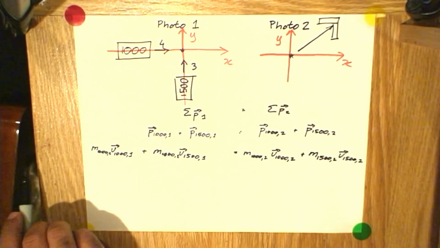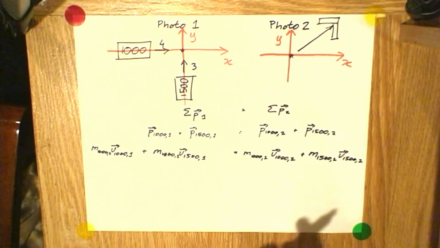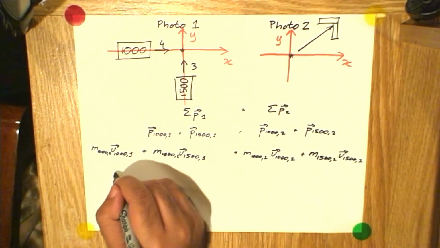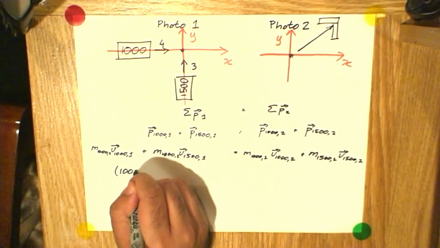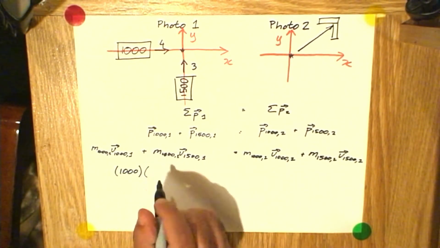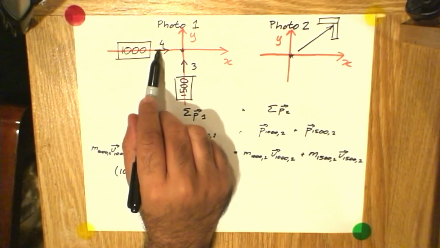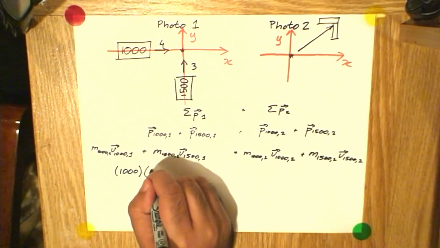Now, let's plug in all the information that we know. The mass of the 1,000 kilogram car is, of course, 1,000 kilograms. The initial velocity is 4 i hat meters per second.